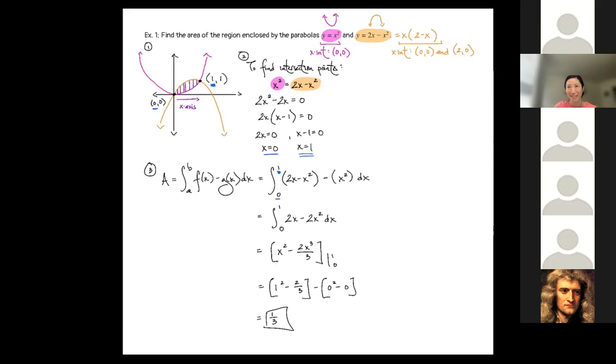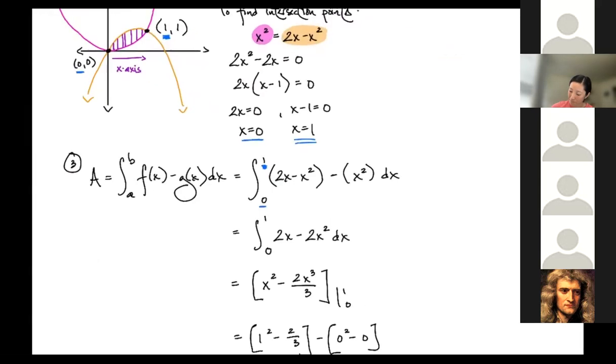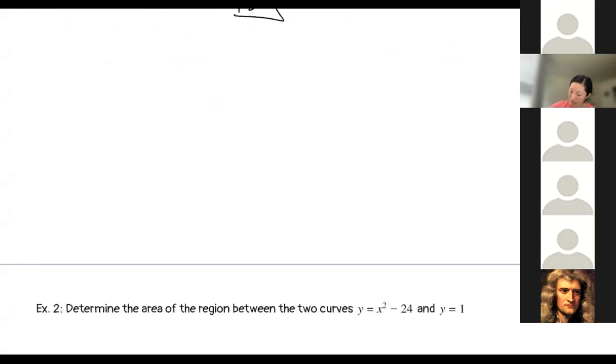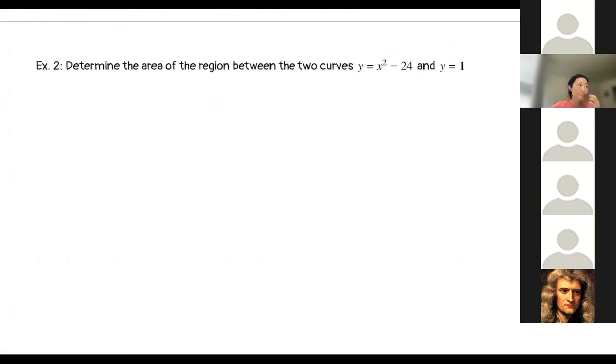The last few weeks of Calc 1 are definitely not always so easy, okay? But we do want to embrace the idea here and the decision making. That's perhaps the most important thing, okay? All right, let's do one more example.